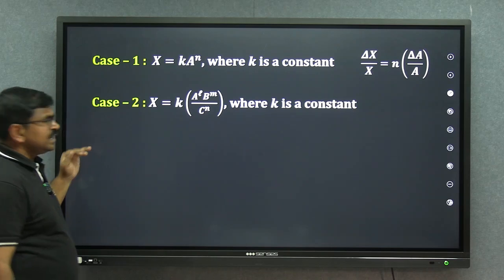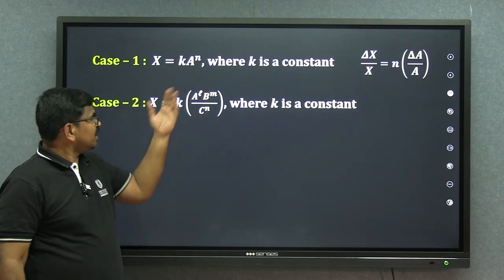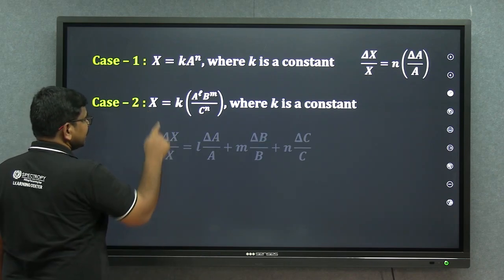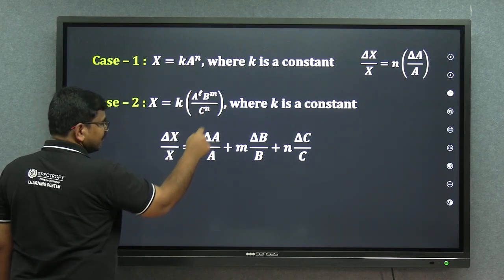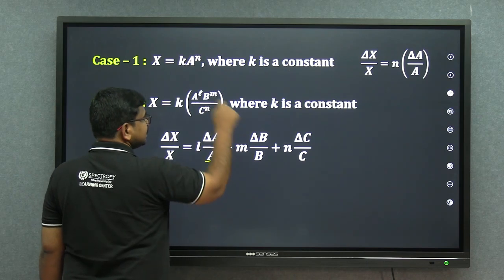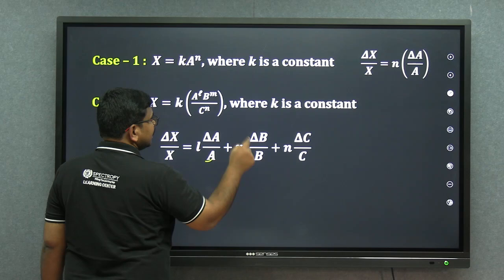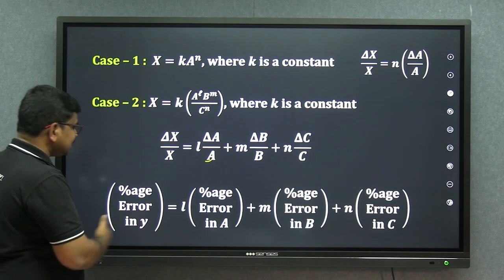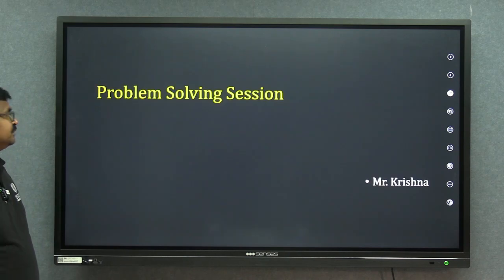And the second way: if I have the same power but with more than one quantity involved, either multiplication or division, the rule is very simple: delta x by x equal to l times the fraction error in a, plus m times the fraction error in b, plus n times delta c by c, or else the same with percentage error. So this is the working rule for the power model.